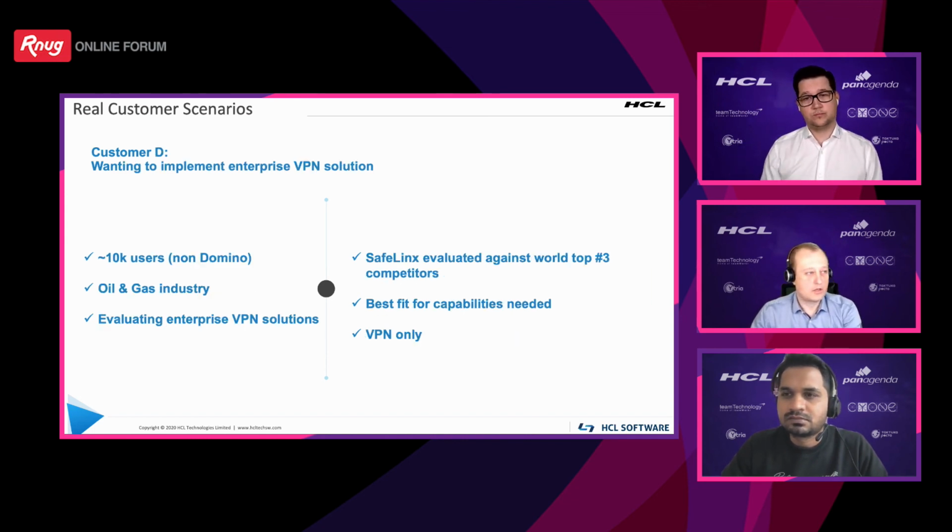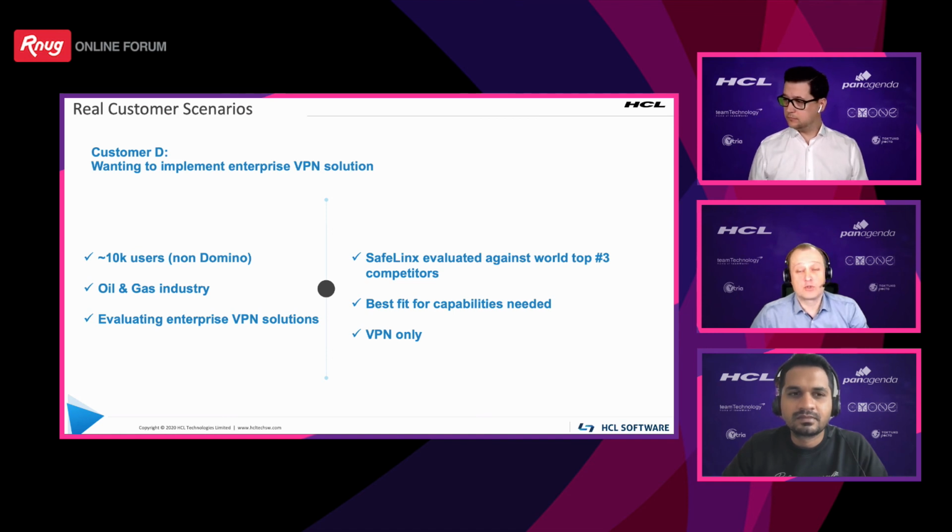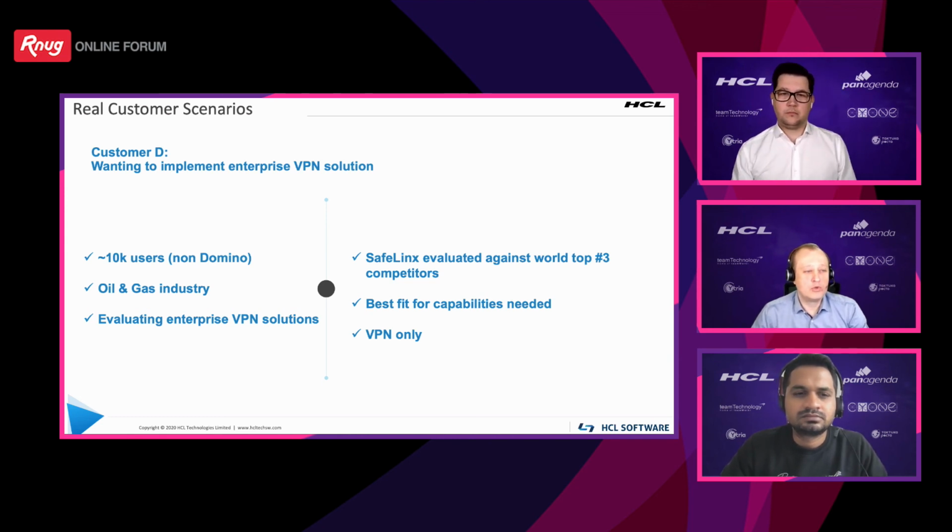All right. And just another short example, because the previous examples were customers that have been using Domino before. Safelinx can, of course, also be used without Domino. There was a customer in, I think, the oil and gas industry, more than 10,000 users, and they wanted to implement a VPN solution, only a VPN solution.